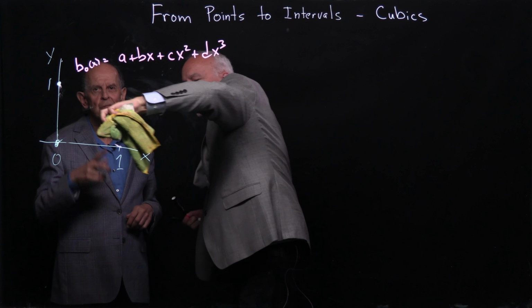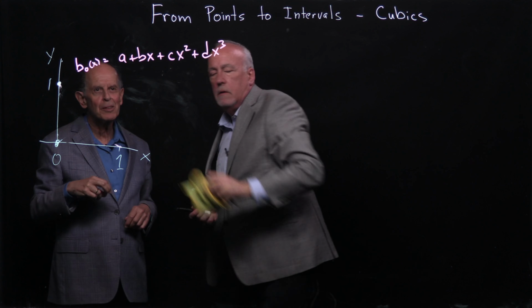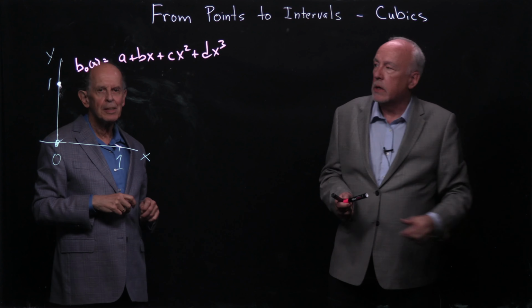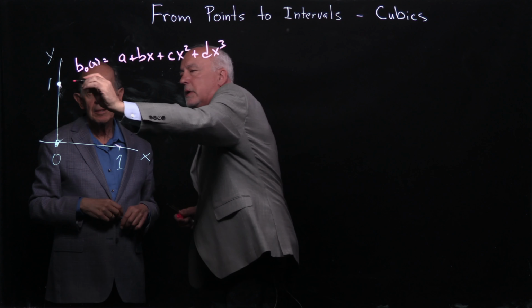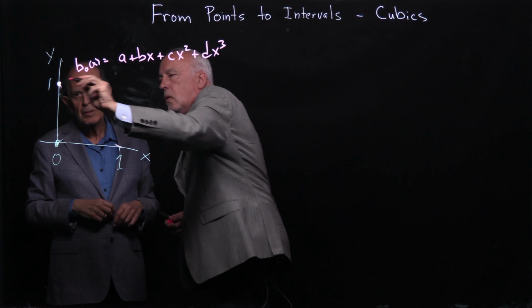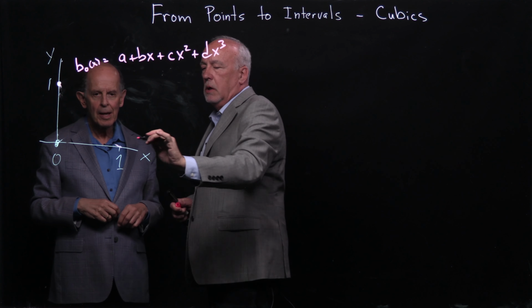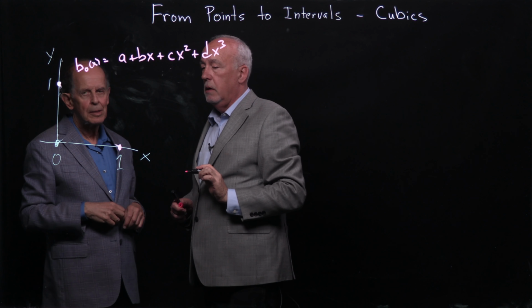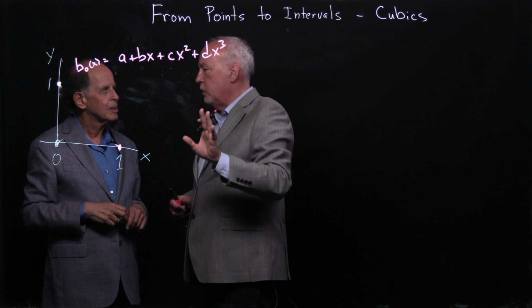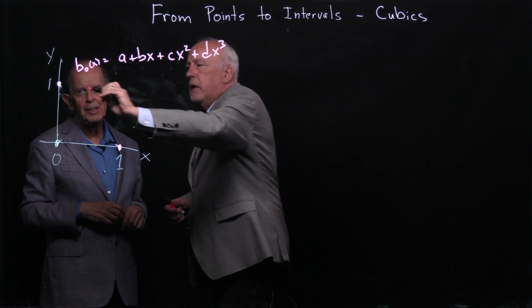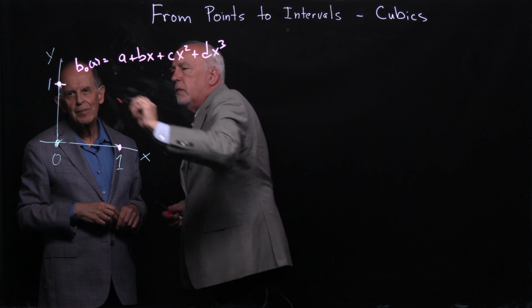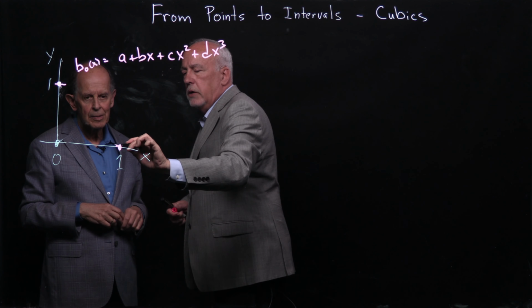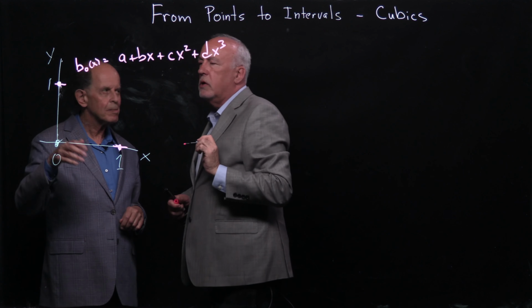Well, we want the four conditions. I'm going to draw a picture of the conditions. Of course, we want it to take the value 1 at x equals 0. We want it to take the value 0 at x equal 1. But then we want to know that the derivatives won't mess things up. So I want a derivative to be 0 here and a derivative here. So those are my four conditions.